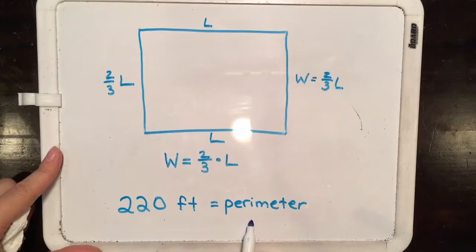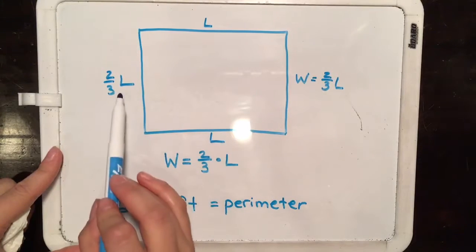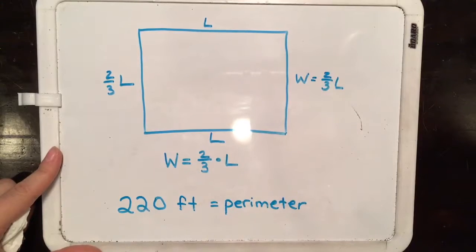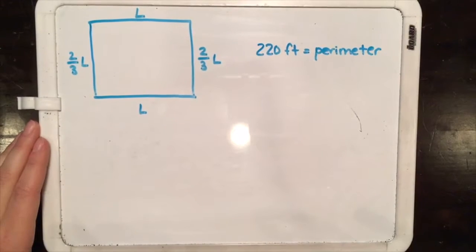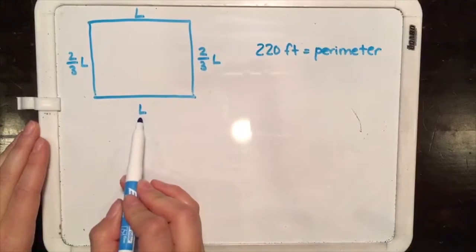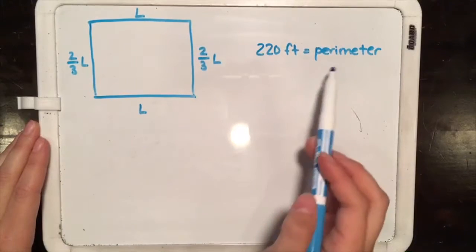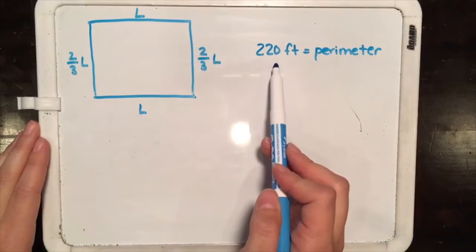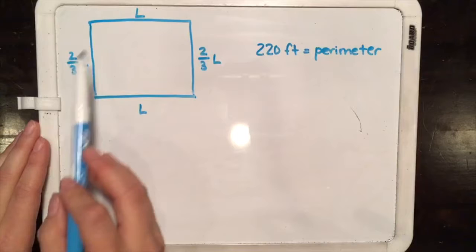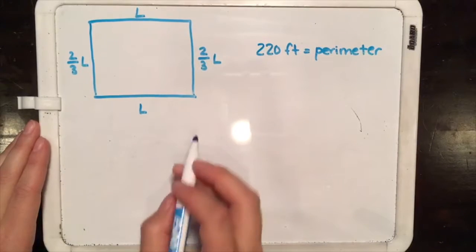The perimeter is simply the sum of all four sides. So now we just have to find what L is, and we can use that value to find what W is.